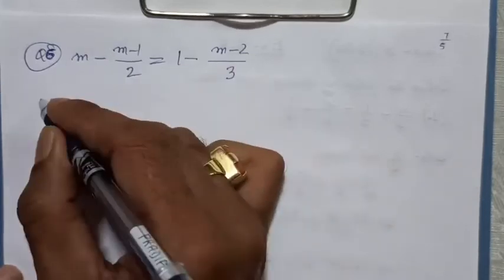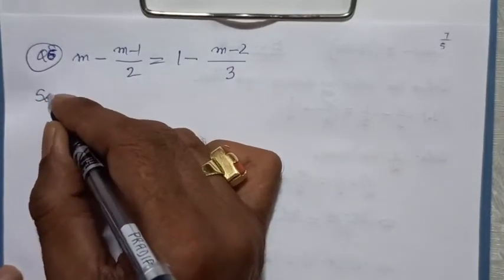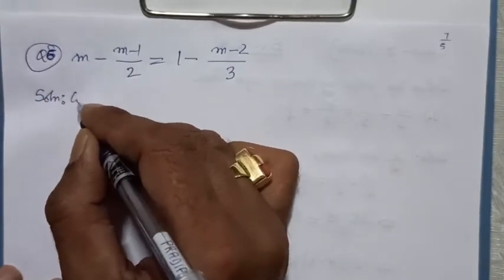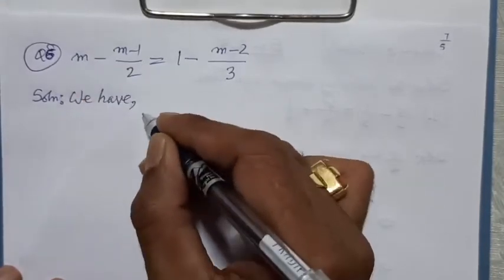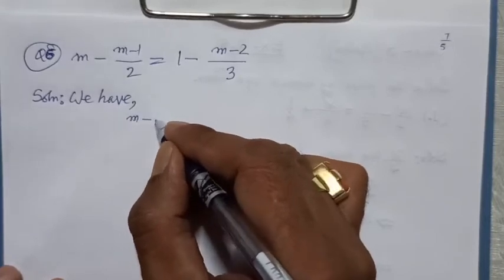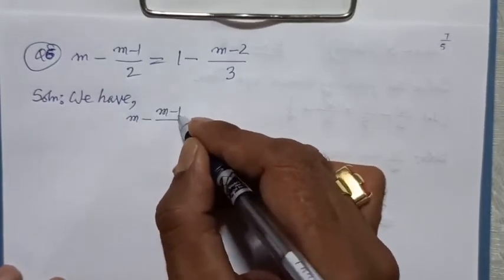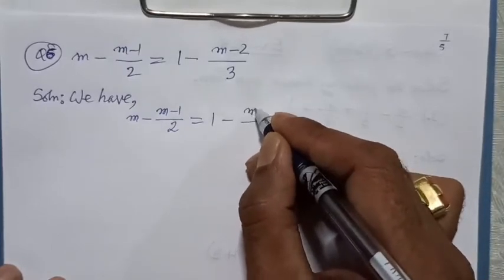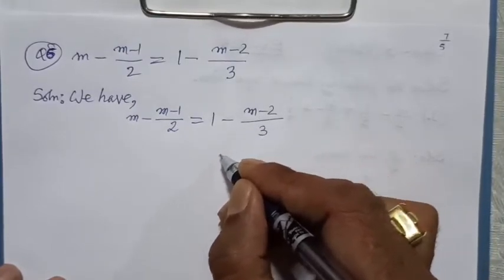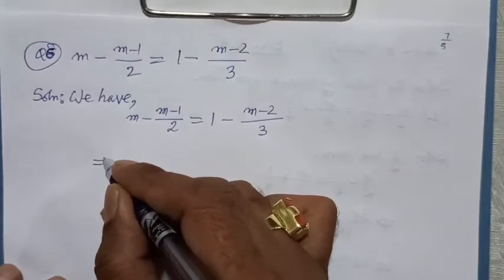Now let's solve this. Solution. We copy this question. m minus 1 by 2 is equal to 1 minus m minus 2 by 3. Now next steps.